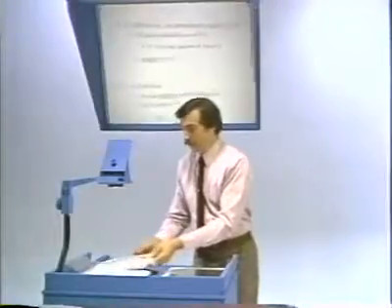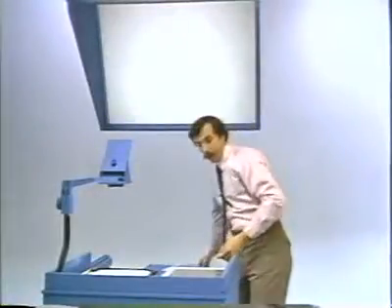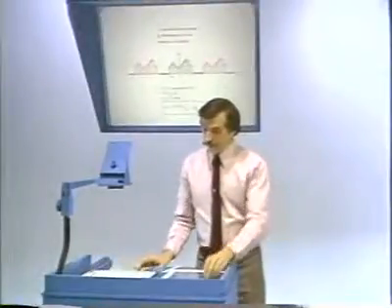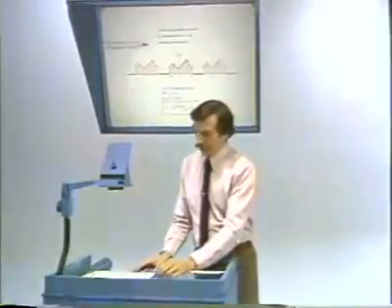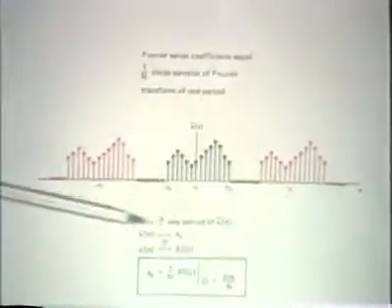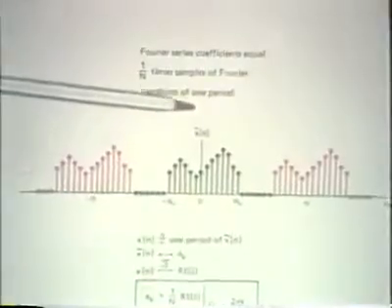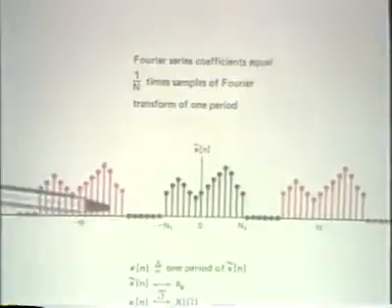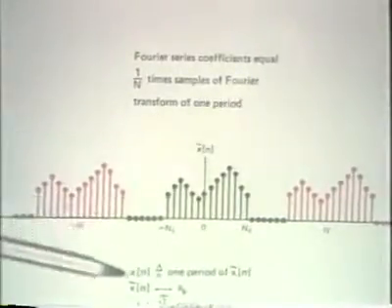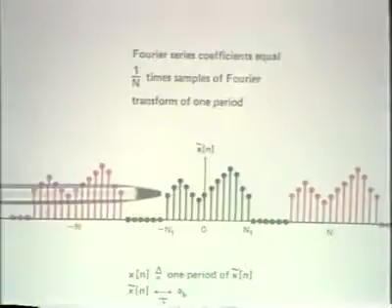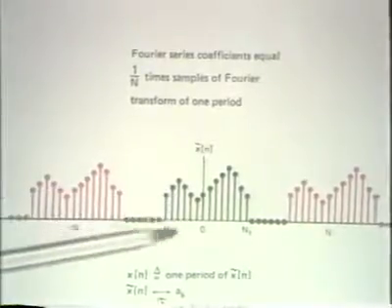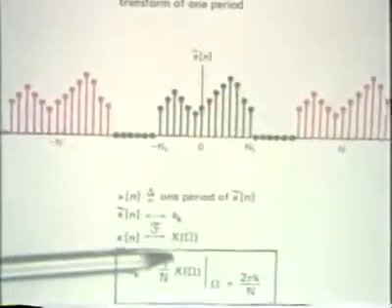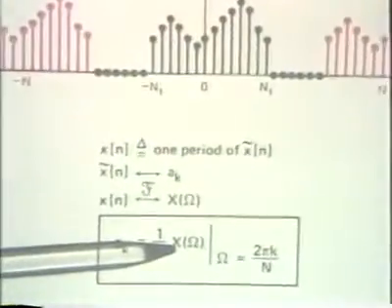Okay, so once again, if we have a periodic signal and we consider the Fourier transform of one period, the Fourier series coefficients of this periodic signal are in fact samples, as stated mathematically in the bottom equation, of the Fourier transform of one period.